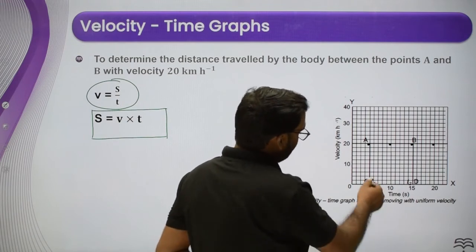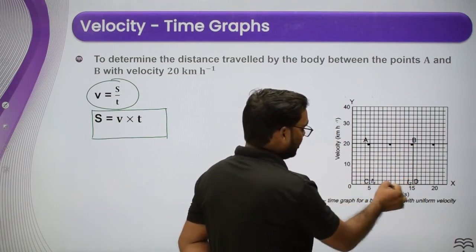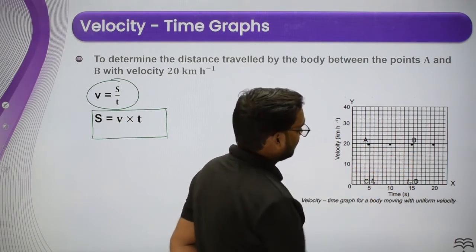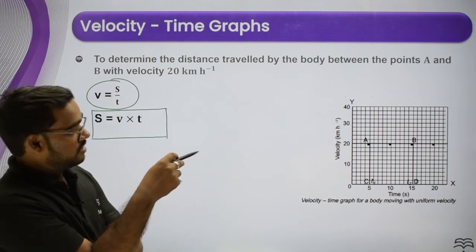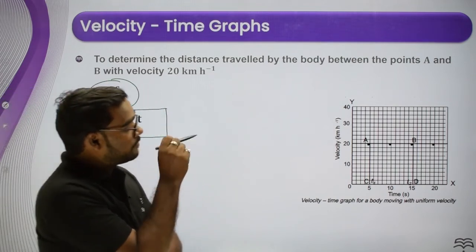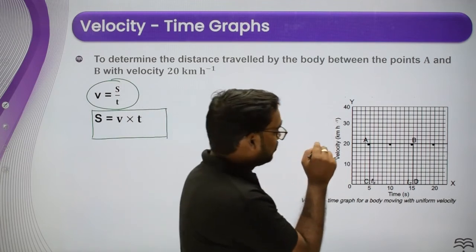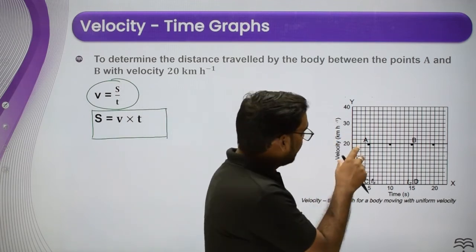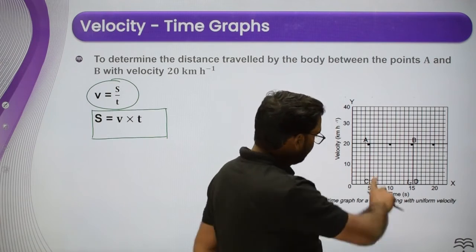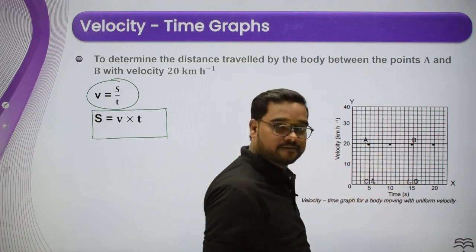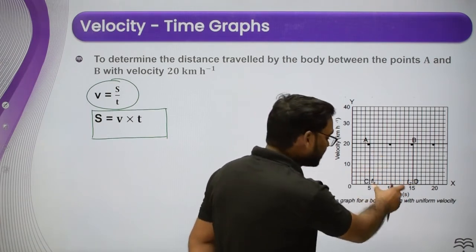Now if you look at A, B, C, D, this is a rectangle. The area of a rectangle is the multiplication of length and width. So this is the width and this is the length, and this is the speed and this is the time.